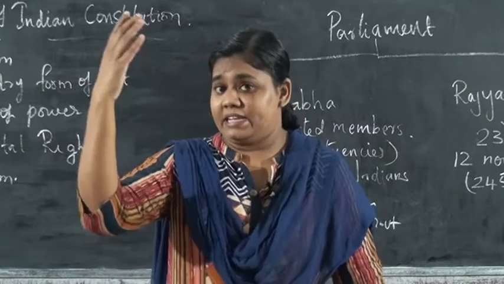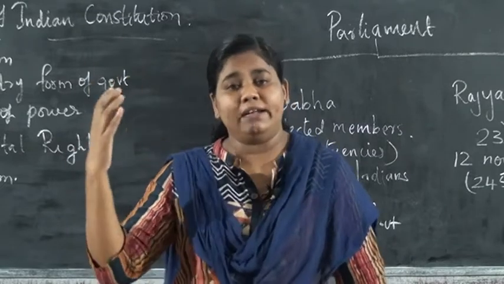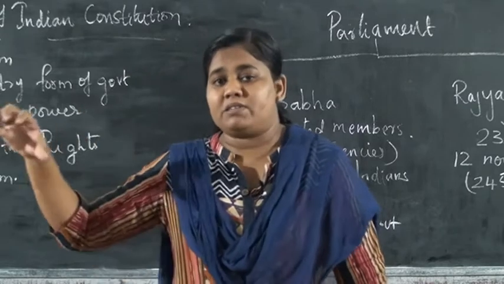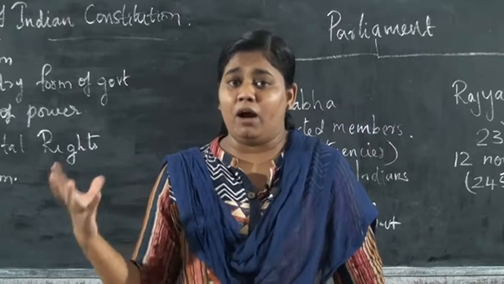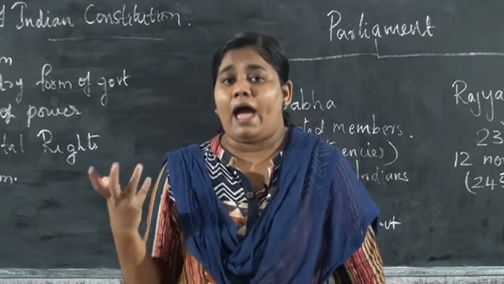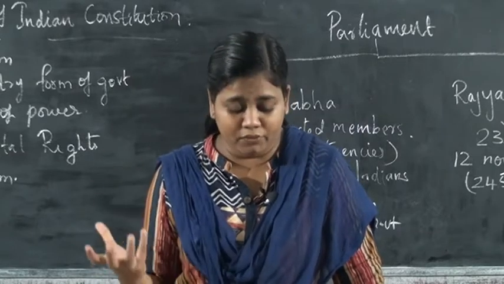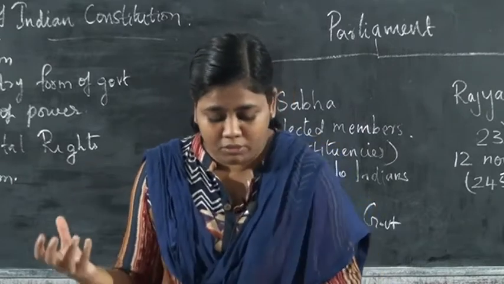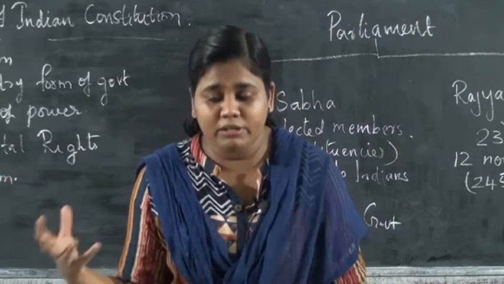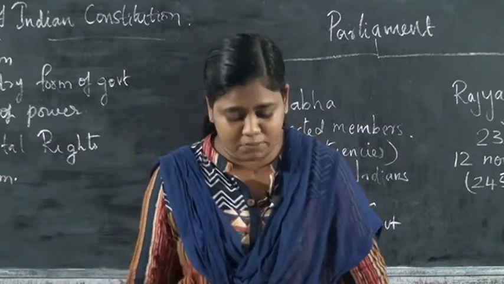So the National Congress demanded elected representatives in 1885, but the Britishers allowed this only in the Government of India Act of 1909, which allowed some Indians into this parliament.